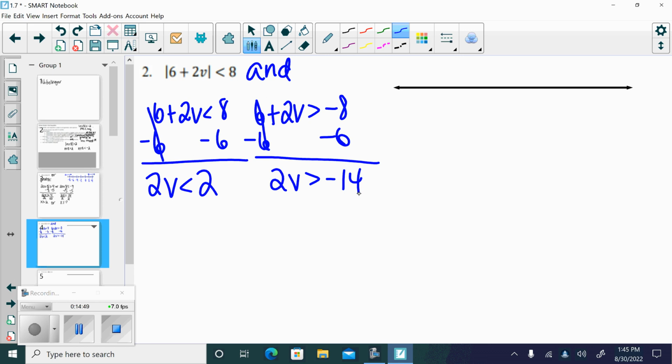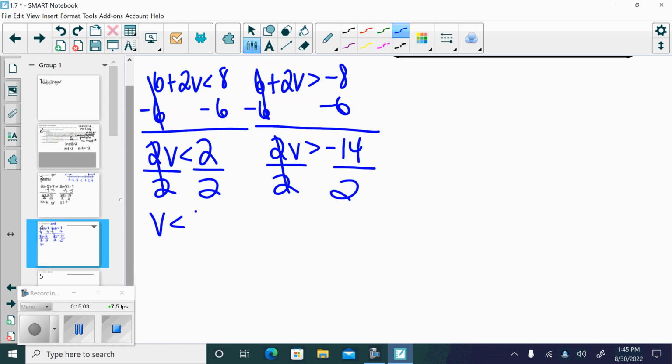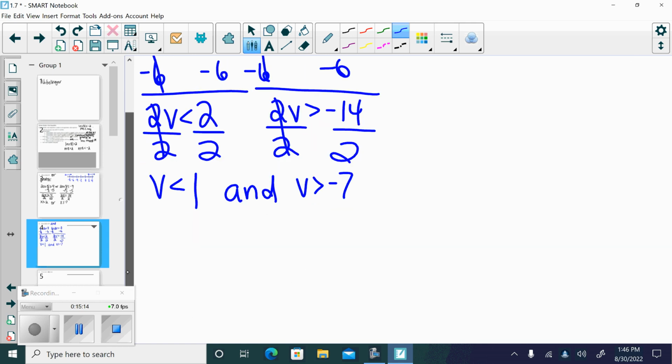And then lastly, I'm going to divide both sides by 2. Am I going to flip on either of them? No. So I get, on the first one, b is less than 1. And what's negative 14 divided by 2? Good. So b is greater than negative 7.